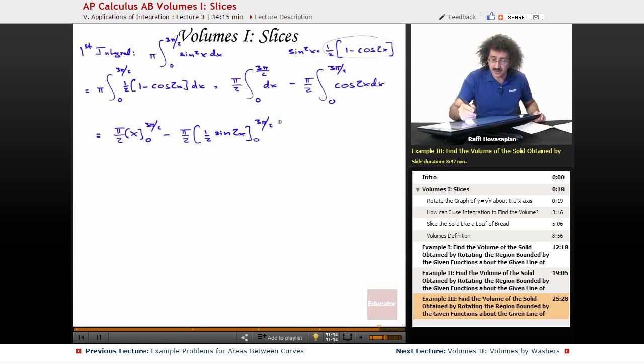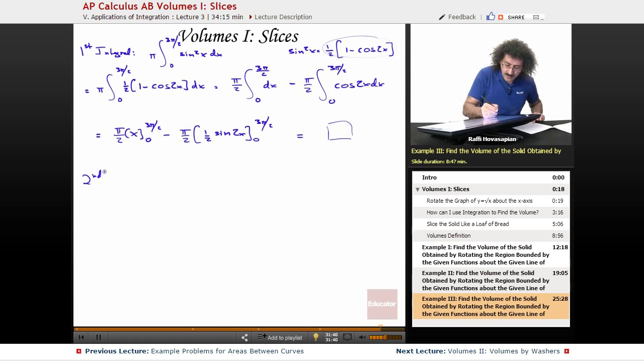I will go ahead and let you take care of that. That's going to give you some number. That's the first integral. The second and third integrals you can deal with. That's not a problem. So the second integral, let's just go ahead and go through it.